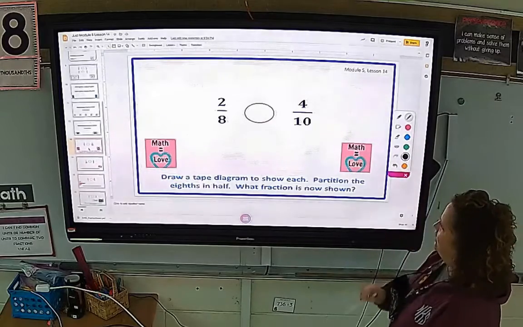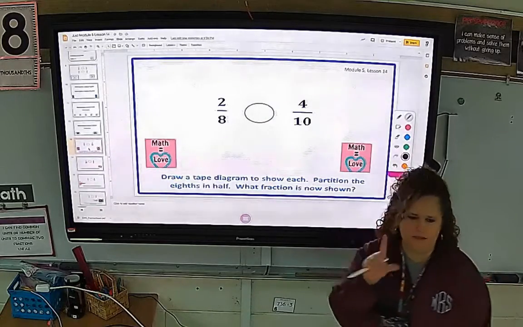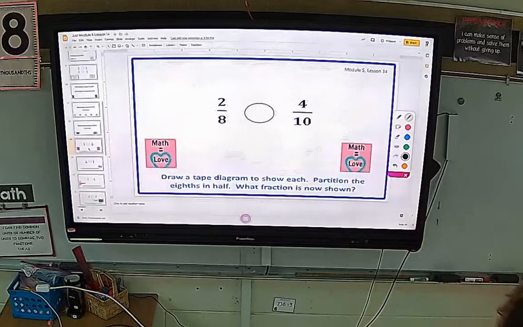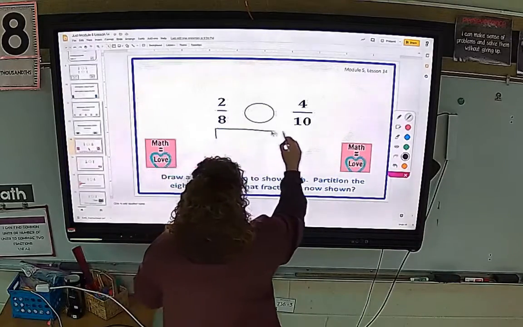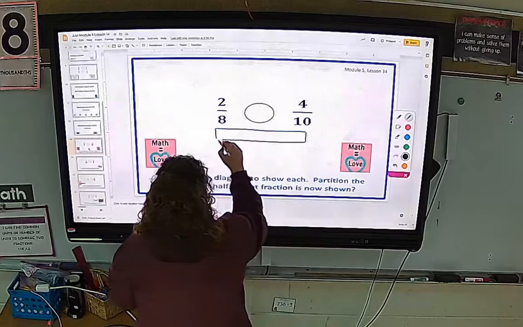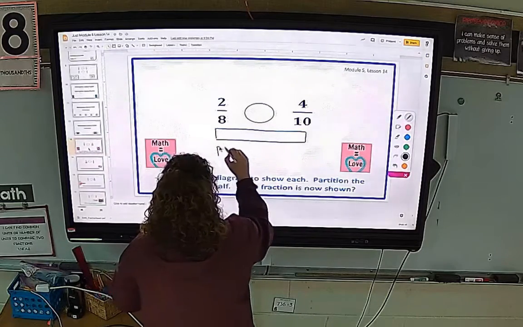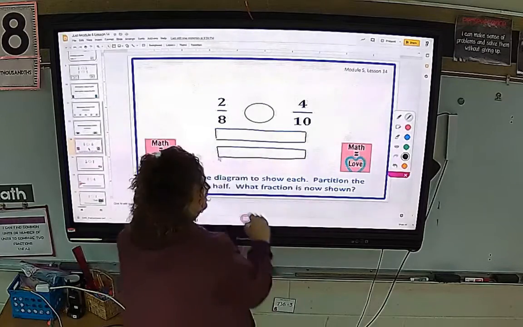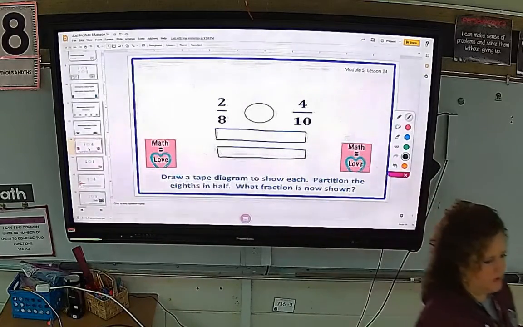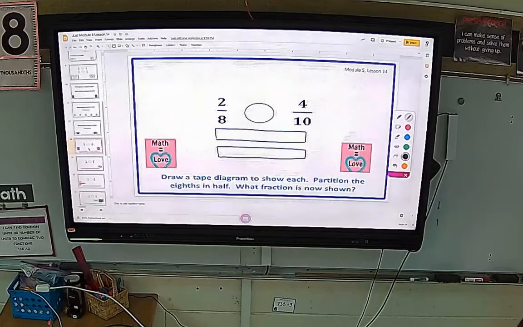All right, so on your board, if you would draw, now listen to what we're going to do. We're going to draw 2 separate tape diagrams. We're going to draw one for 2/8, and we're going to draw one for 4/10, but we're going to put them kind of side by side, so they need to be the same size. So it'll look like kind of like a big equal sign, because if one of your tape diagrams is super large and one is super small, you can't really compare them.